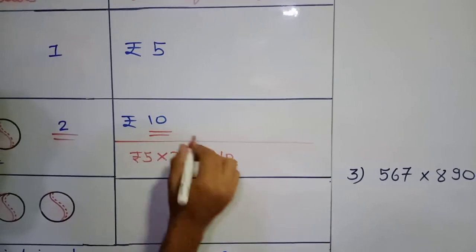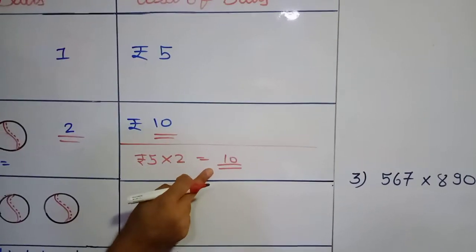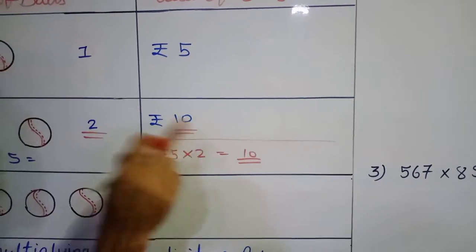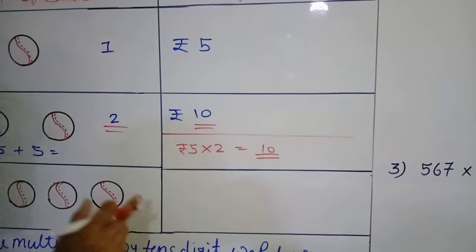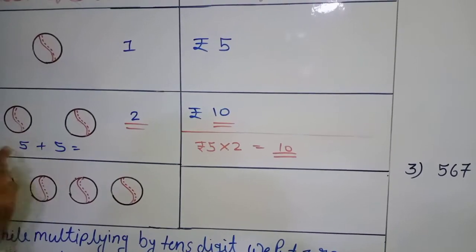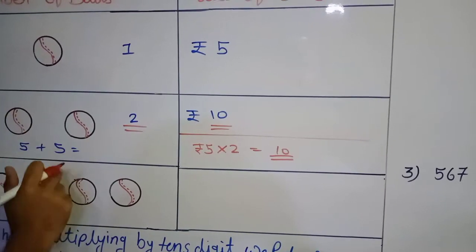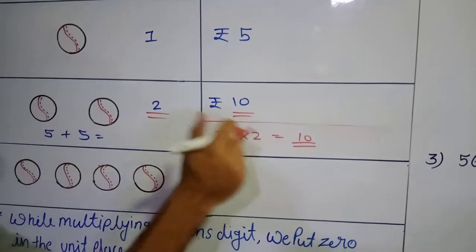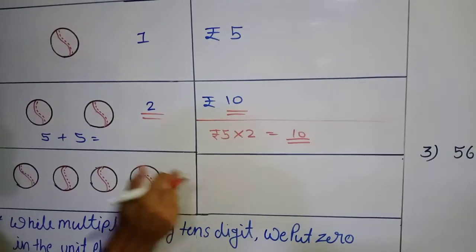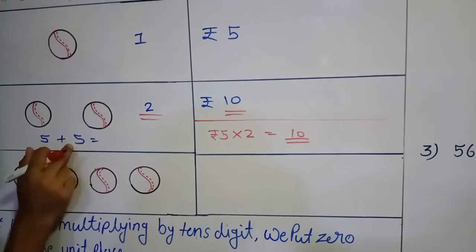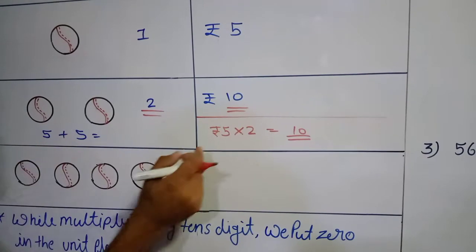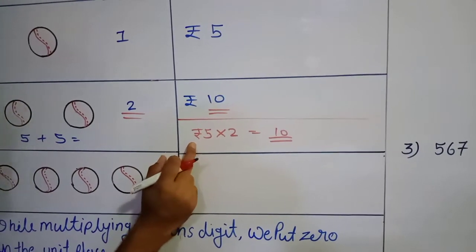In both ways we are getting the same amount, which means both are right. But the fact is that if we have 2 balls, we can easily calculate it. But when the number of balls is increasing, it becomes difficult to add the cost prices. For that there is another way, multiplication.